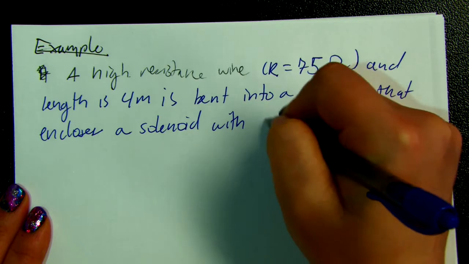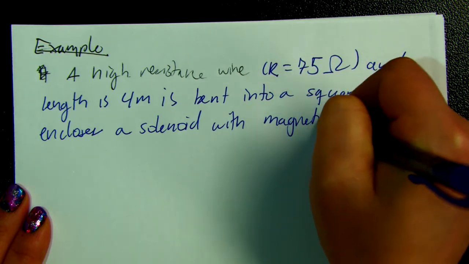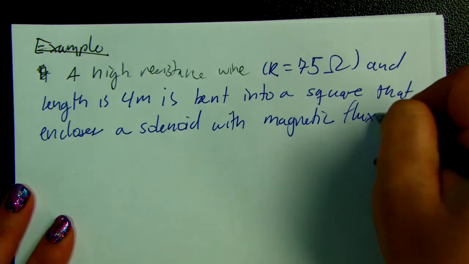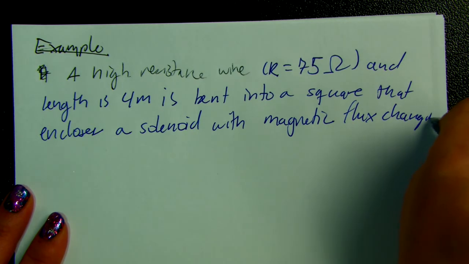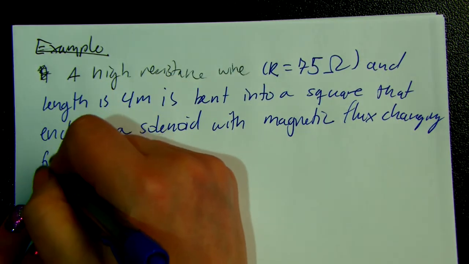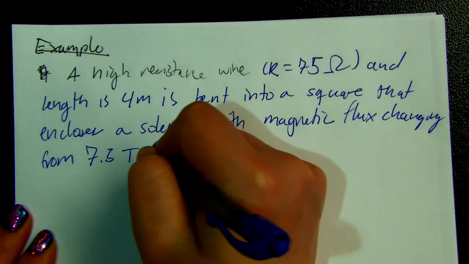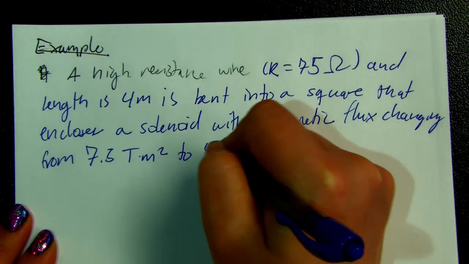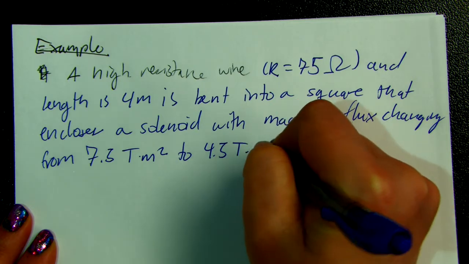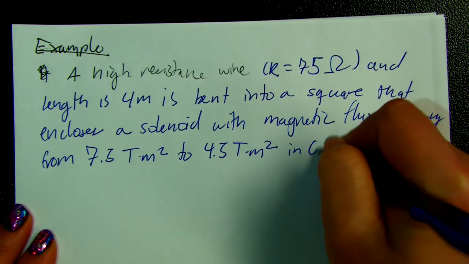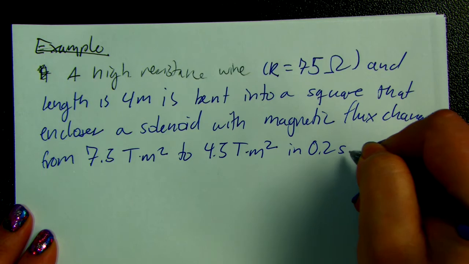With magnetic flux changing from 7.5 Tesla meters squared to 4.5 Tesla meters squared in 0.2 seconds.